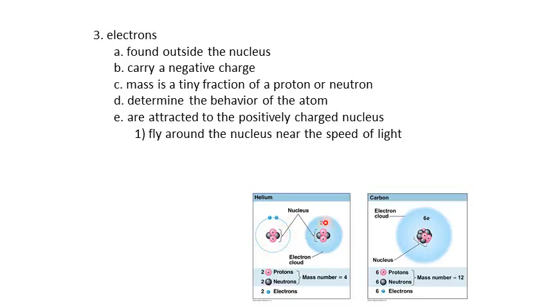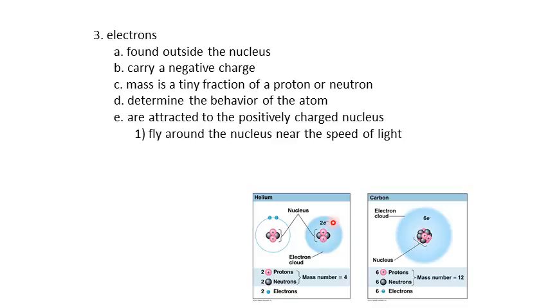These electrons are zooming around, and they're found about 90% of their time within this blue cloud, and that blue cloud area is really called an orbital. So electrons tend to reside in orbitals about 90% of the time.